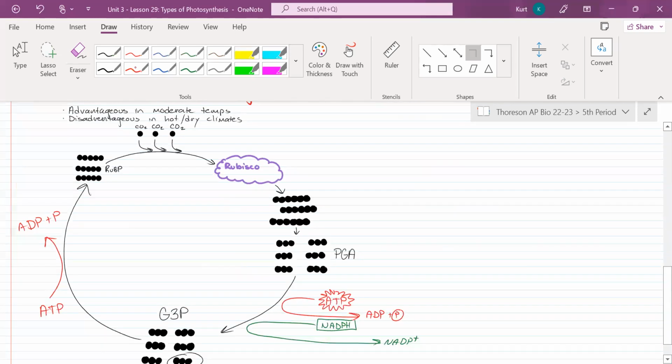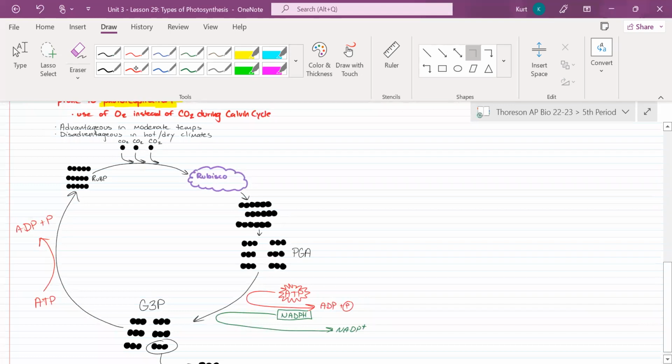That is the Calvin cycle, and that is also C3 photosynthesis. It's not too complex. Just draw it until it really starts to sink in. I do, however, want you to know that this process takes place in mesophyll cells.